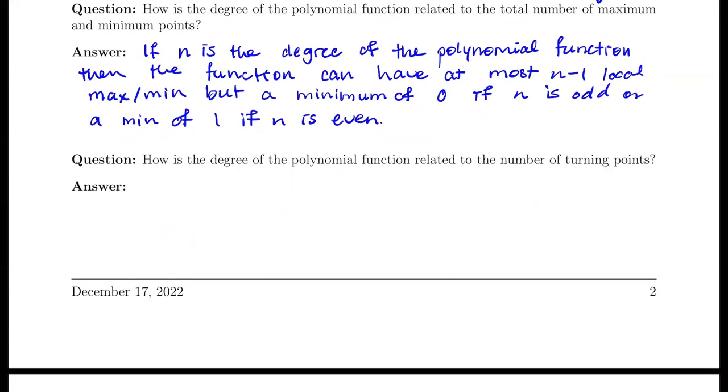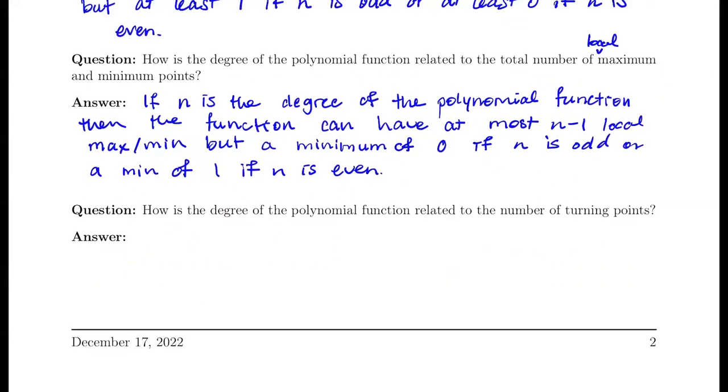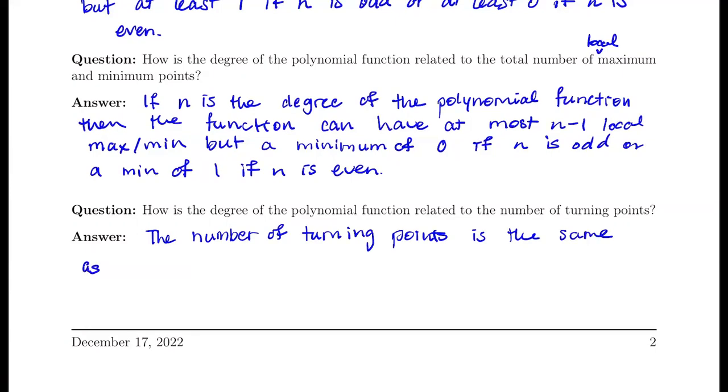Once again, since the number of local minimums and maximums has to be the same as the number of turning points, we would just say that the number of turning points is the same as the number of local maximum and minimum points.